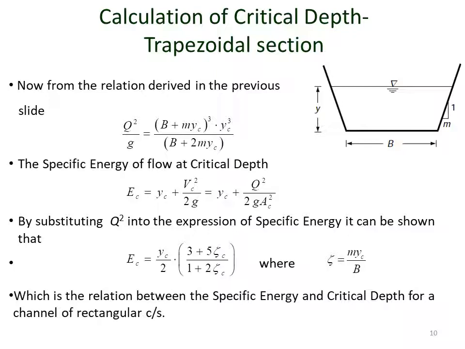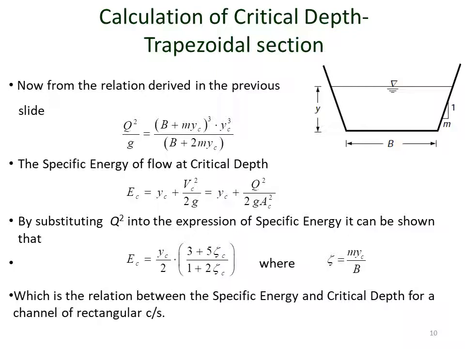Q squared by G is equal to capital B plus myc whole cube into yc cube by capital B plus 2myc. So this we have to substitute now in the expression of the specific energy at critical depth, which is the second equation of the slide.